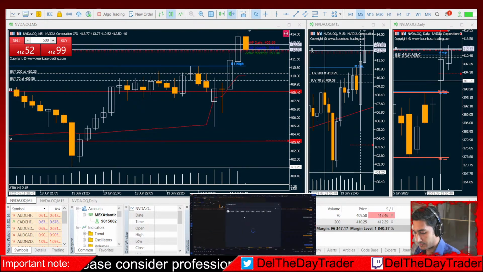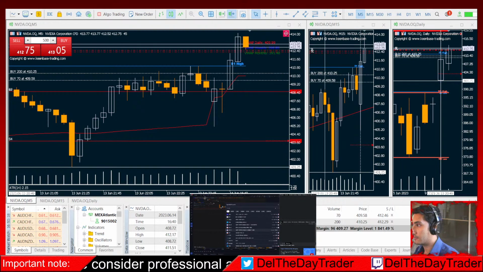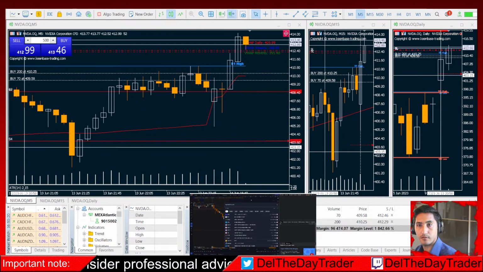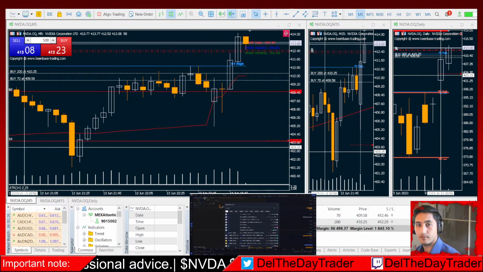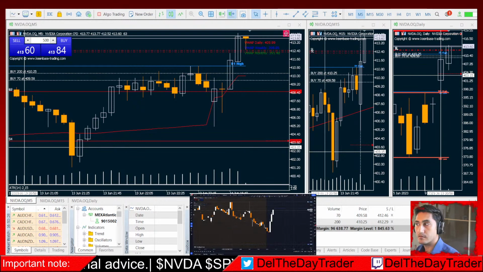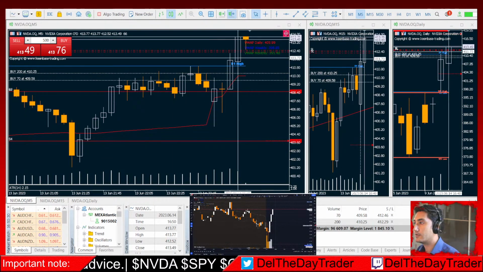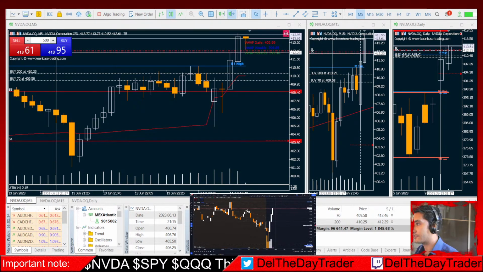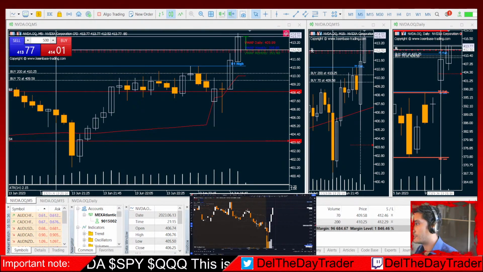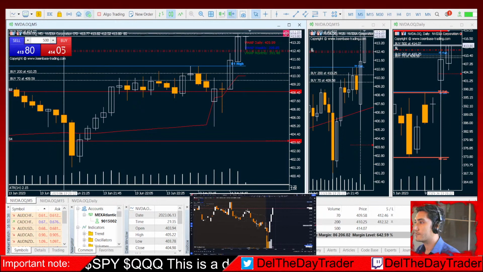Let's see if it's a SPY. Oh, look at this drop. Okay, SPY is pushing. I'm going to add actually, once it blows HOD. There you go. Let's go.